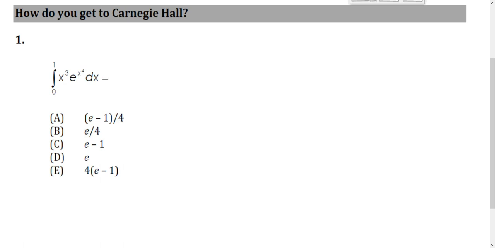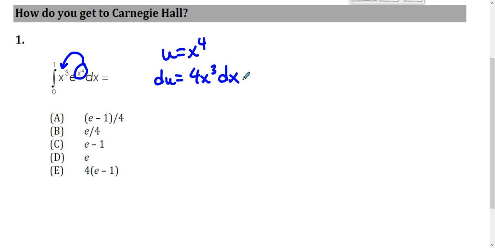So here we have a part of our integral whose derivative is pretty much hiding out right here, and that's a dead giveaway that we should probably use a U-substitution. The derivative of x to the fourth is well known, and so now we want to replace this, but we don't quite have that.